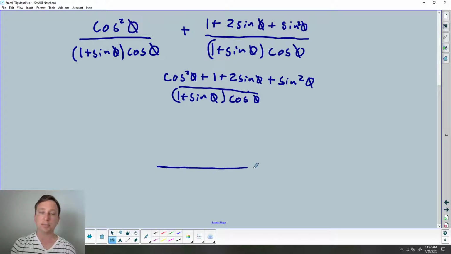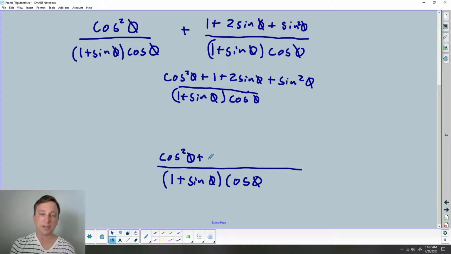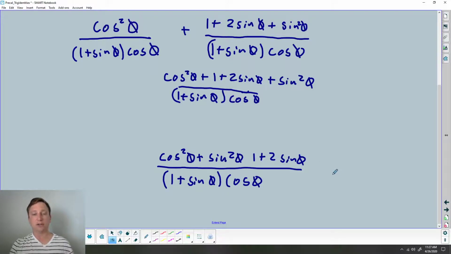So if we clean this up a little bit and rewrite it in another way, over 1 plus sine theta times cosine theta, we have a cosine squared theta plus sine squared theta. If we put those next to each other, then we have a 1 plus 2 sine theta over there.